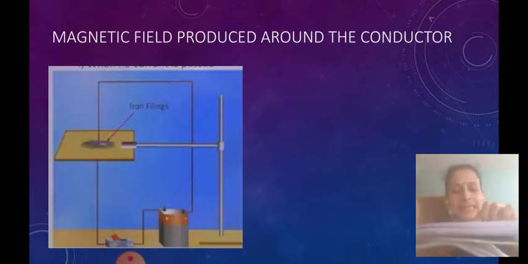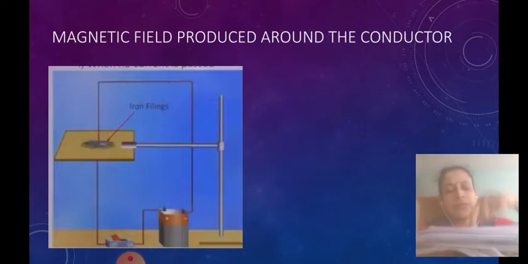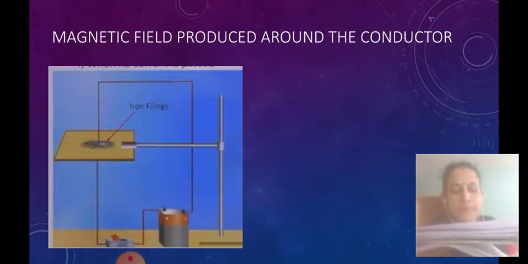Then he made the connection with the battery and the key. Fine. So now he just wanted to know at that particular point how is the magnetic field. So he just wanted to know what is the direction of the magnetic field.